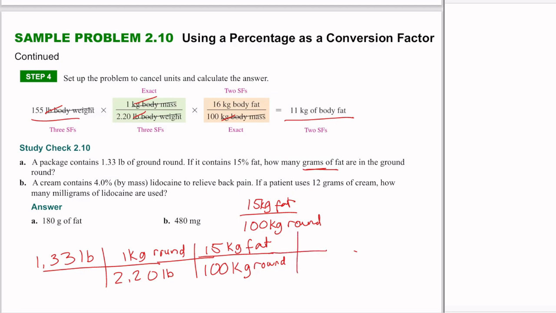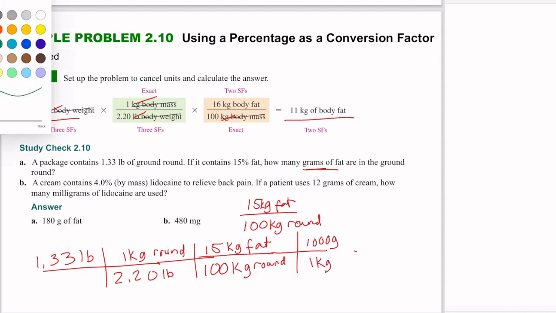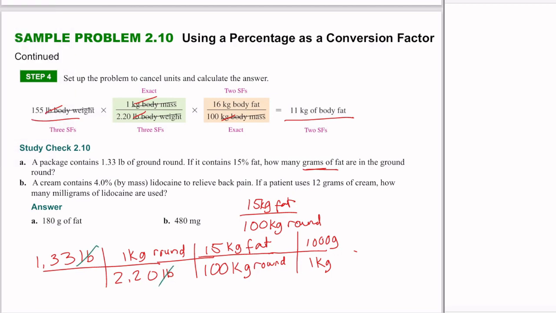We need to convert kilograms to grams. There are 1,000 grams in 1 kilogram. So let's examine our units now. Pounds cancels, kilograms of round cancels, kilograms of fat cancels, and now we have grams of fat.